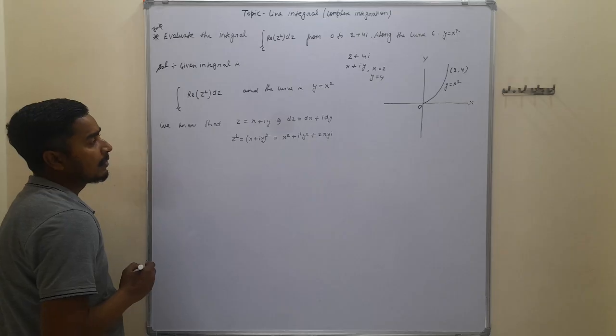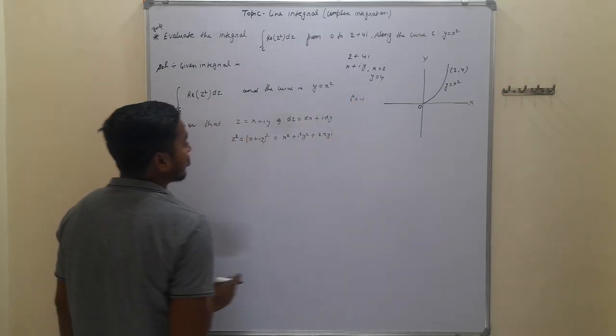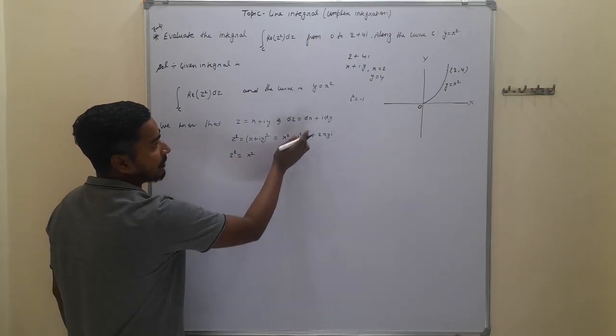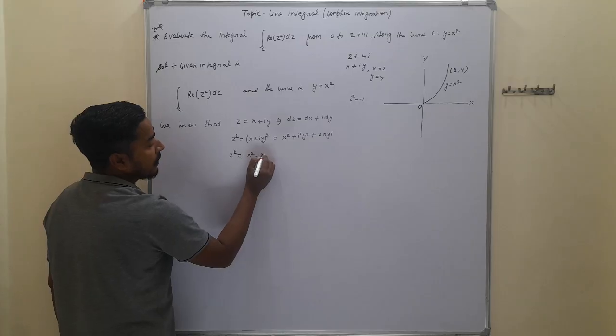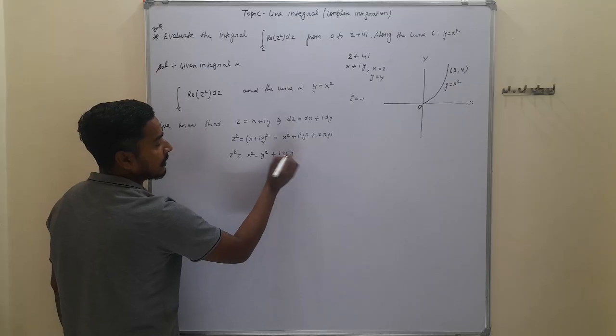Here we know that i square is equal to minus 1. So we write z square is equal to x square, in place of i square we put minus 1, this is minus y square, and plus i into 2xy.